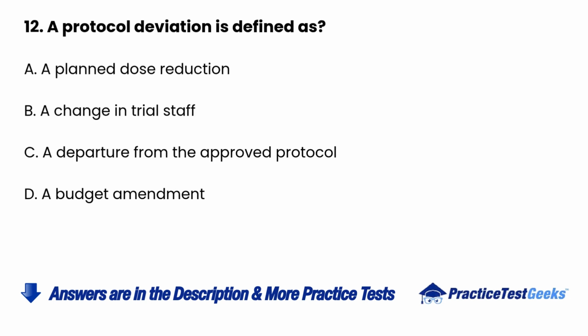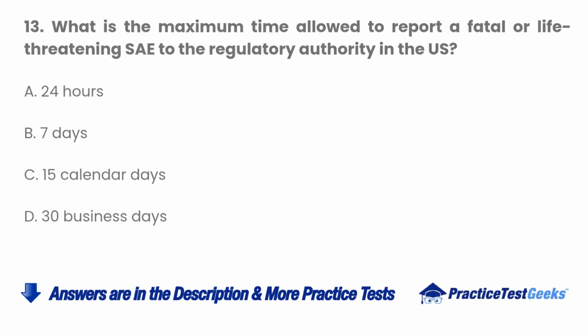A protocol deviation is defined as A. A planned dose reduction. B. A change in trial staff. C. A departure from the approved protocol. D. A budget amendment. 13.